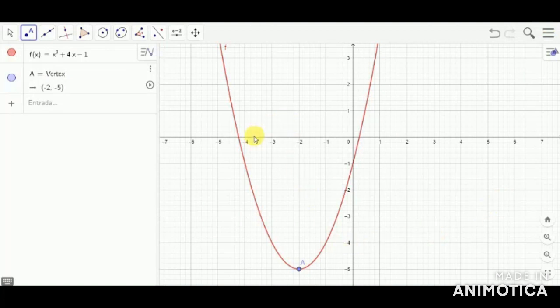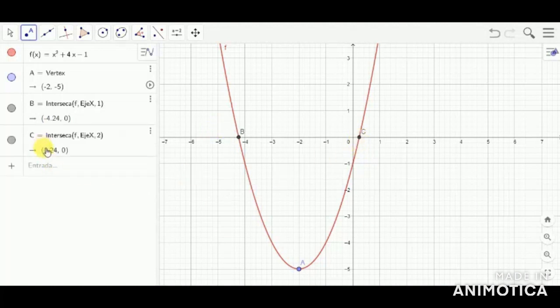Now we have to identify the intercepts of the graph, and we see that the graph intercepts the x-axis at minus 4.24 comma 0 and at 0.24 comma 0.